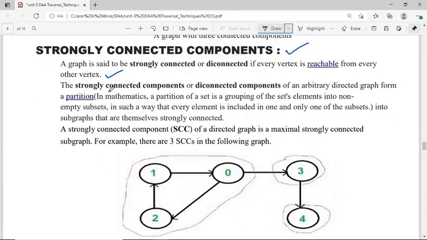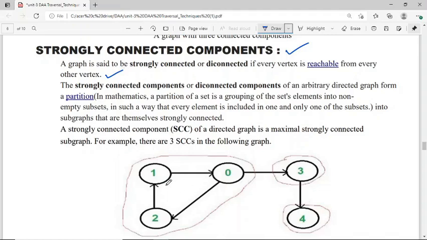So here, when will it happen? If you have an undirected graph, then you can say it is strongly connected. Why? Because you can go from one vertex to all the vertices. If you have a graph like this, then your graph is strongly connected.